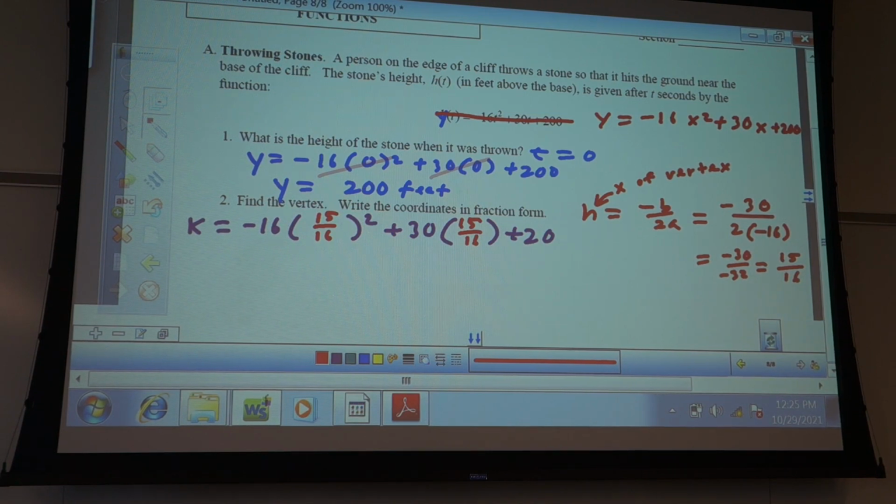I don't think I'm going to make you do it in fraction form though. I think it's kind of asking too much. Well, let's work through this.